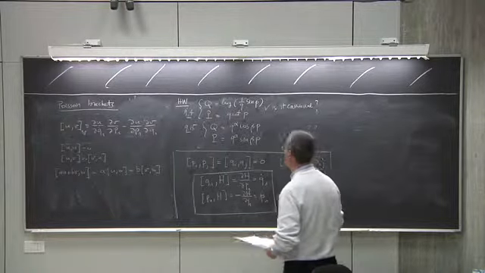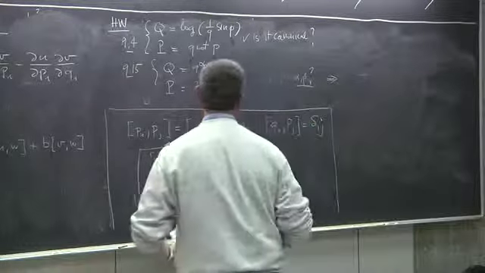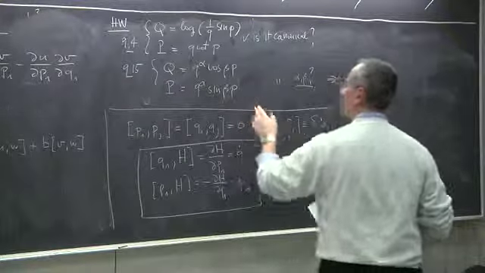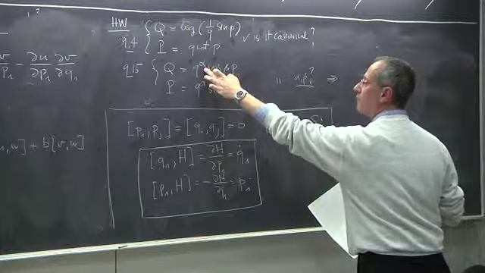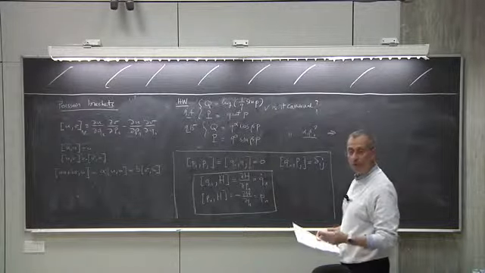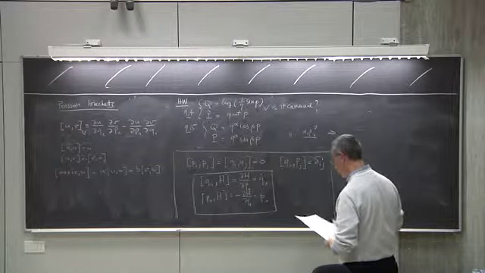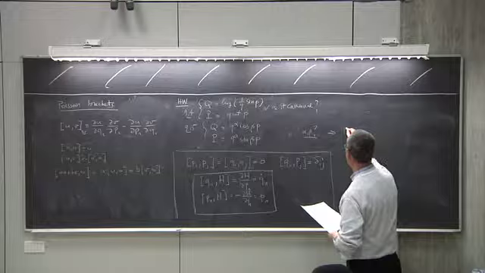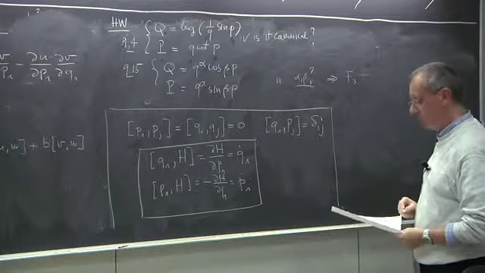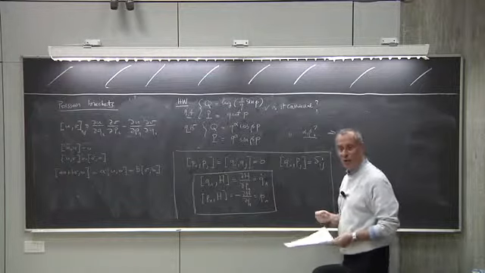If you have nothing better to do, after you have proved for which values of alpha and beta these are canonical, then you may wonder what is the generating function of this canonical transformation. And I tell you that it is of the form F3. I challenge you to find it.